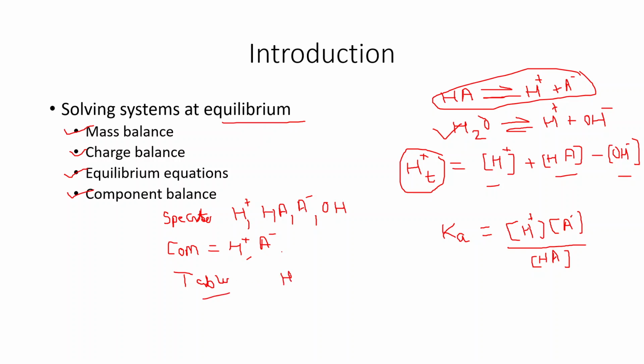We will write species here and component here. Like this: 1, 0, 1, 1, 0, 1, minus 1 and 0.